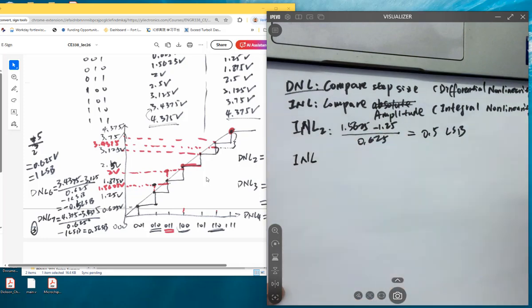Another point, we have an INL here. Definitely this point, right? You can see the actual value is not on the curve.